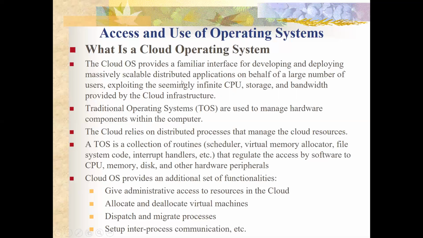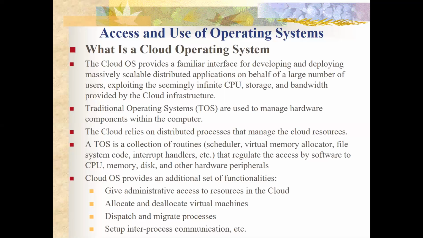The first, the cloud operating system provides a familiar interface for developing and deploying massively scalable distributed applications on behalf of a large number of users. So not only one entity, probably hundreds or thousands, size organizations like an entity, use one cloud computing at the same time.